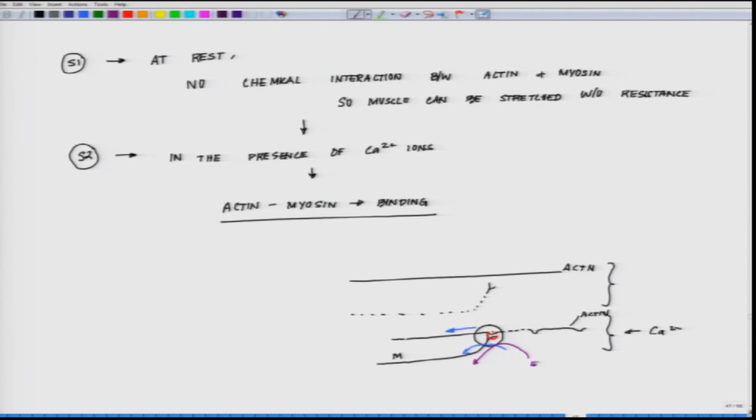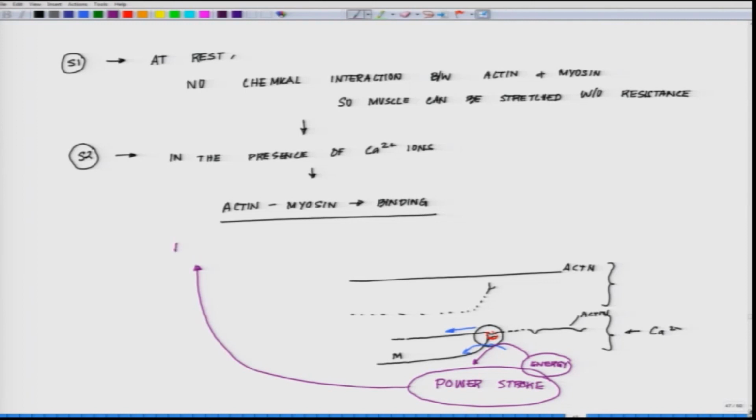This needs energy, and this process is called, the term is, power stroke, and this is that first step of force generation.